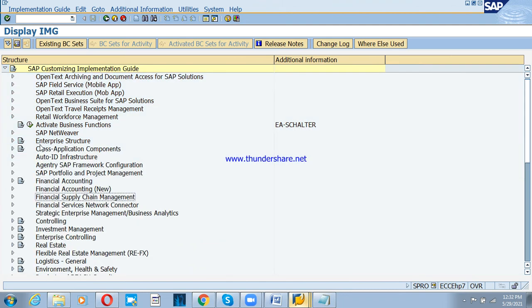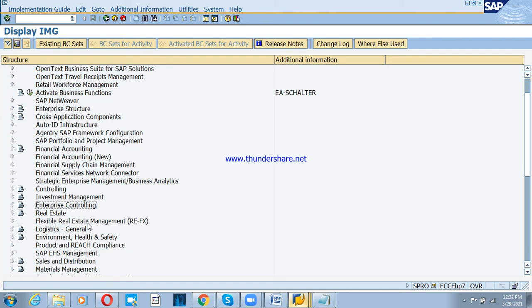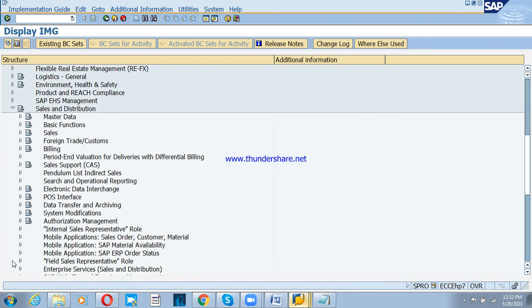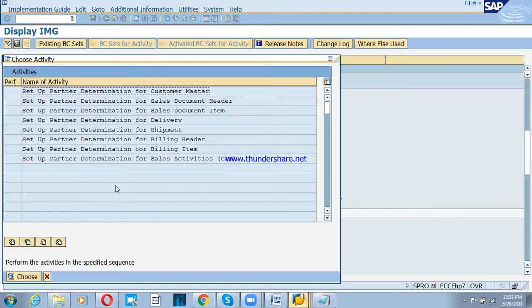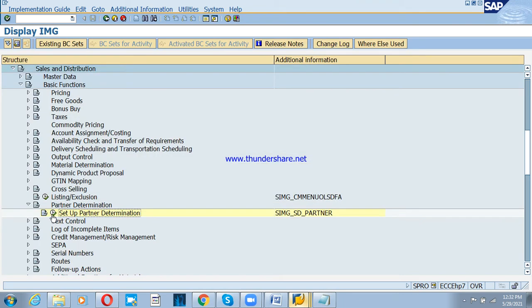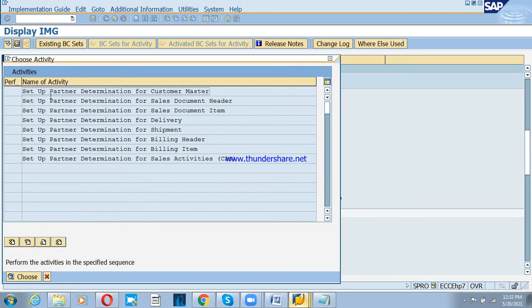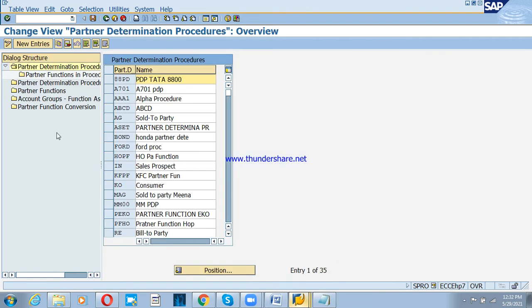Okay, I'll come to IMG, sales and distribution, basic functions, then partner determination, setup partner determination. Already we did this step. Double click on setup partner determination for customer master. Then double click on account group for function assignment.